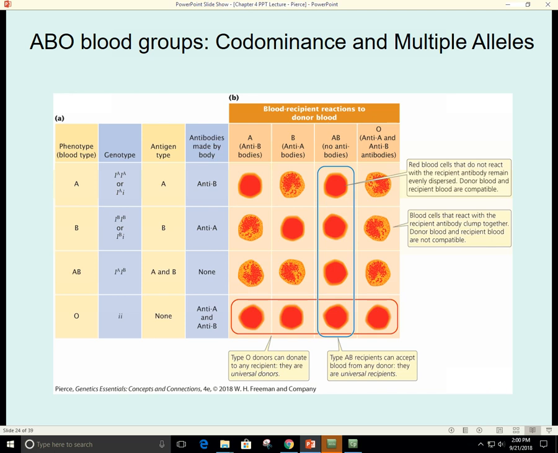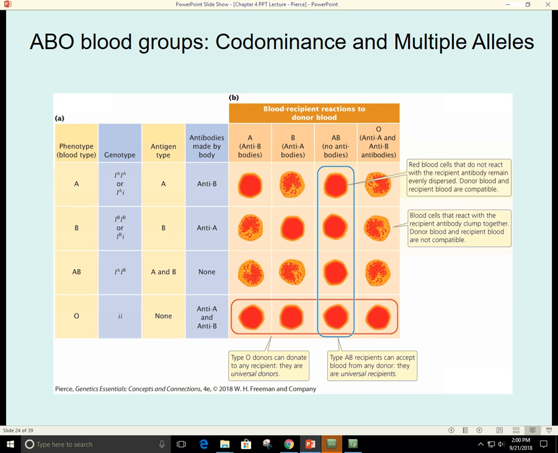And so there's plenty of space on the cell surface. The cell is able to make the A type and the B type, and both of them can be displayed. And so you can be both. So that's called codominance, when you can be two things at the same time. But like I said, this is just in blood and tissue types. I've never seen an example of codominance in any other scenario. So that's a very narrow topic, codominance.